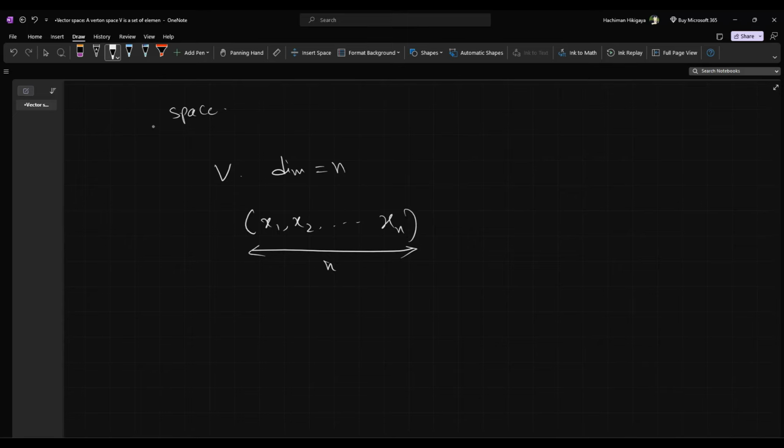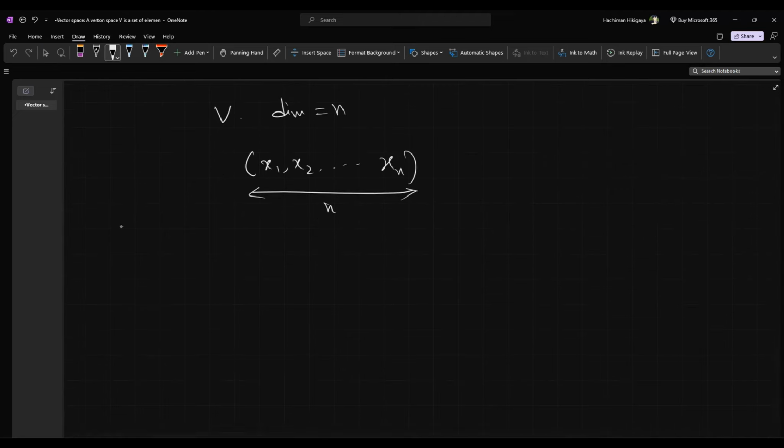Now, there are many elements within the vector space, and there are some specific lists which can be used to produce all other elements of the vector space just by multiplying every element of that list with some scalars and combining them in different ways.